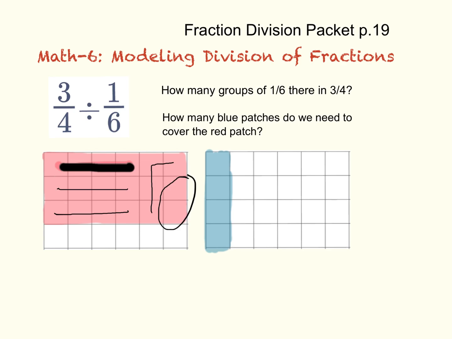These 2 pieces actually would make half the blue patch. So let's count again. So we have 1 blue patch, 2 blue patches, 3 blue patches, 4 blue patches, and then half of the blue patch. So your answer here is 4 and 1/2, sorry. So 4 and 1/2, because it takes 4 and 1/2 blue patches to cover the big red patch. And so now let's write down the answer. So there are 4.5 groups of 1/6 in 3/4.